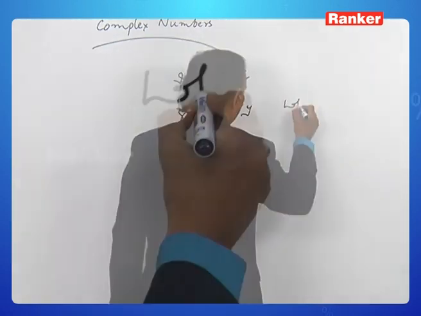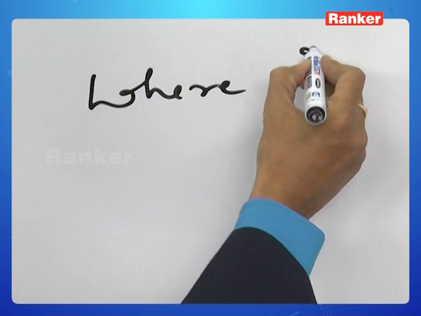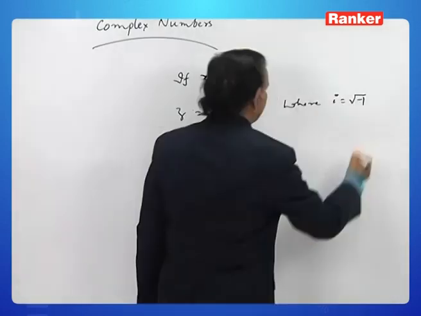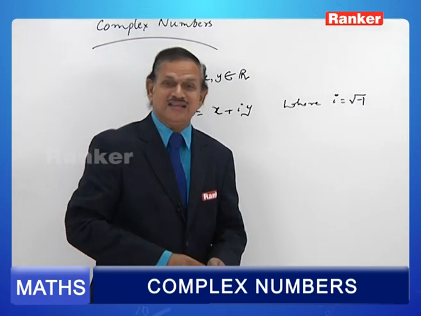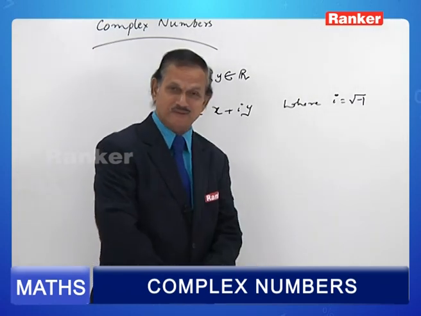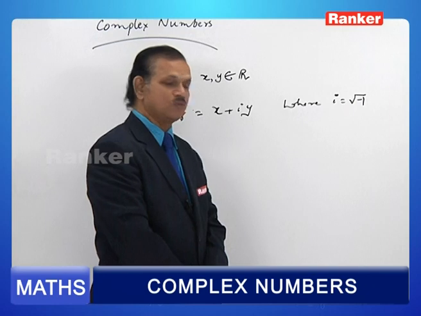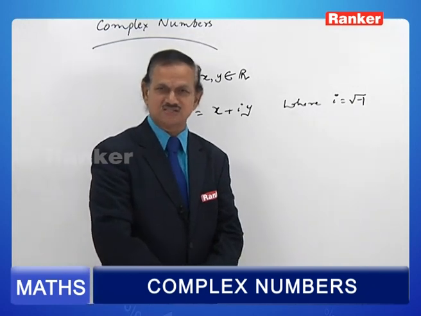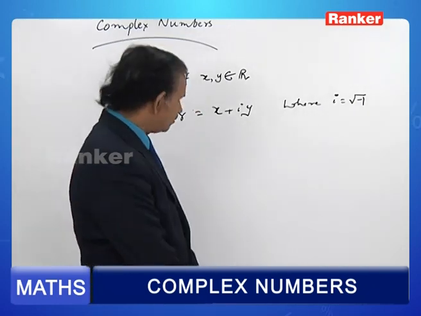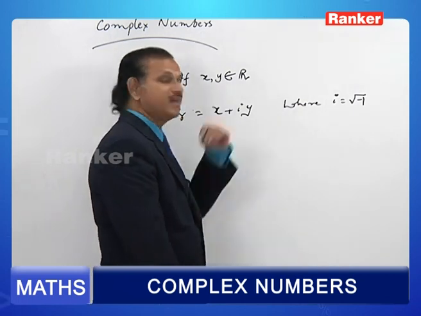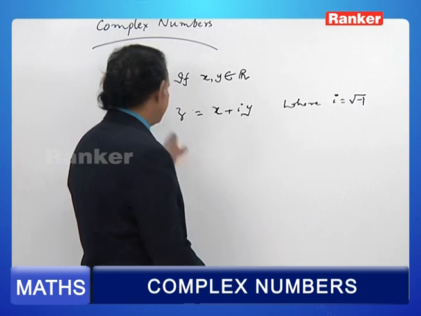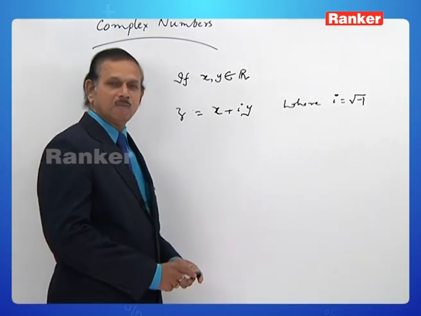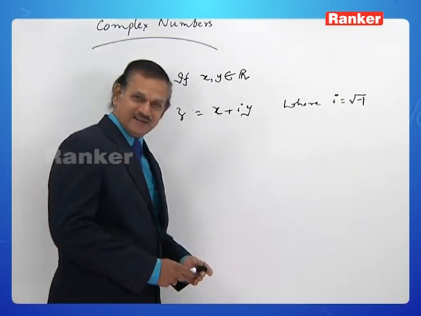Here i is equal to the square root of minus 1. It is also termed the imaginary square root of minus 1. Some lecturers and others call it an imaginary number. i is an imaginary number. Here z is equal to x plus iy is a complex number where x and y are reals.